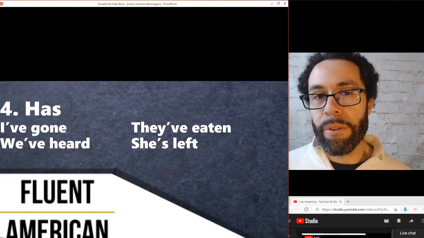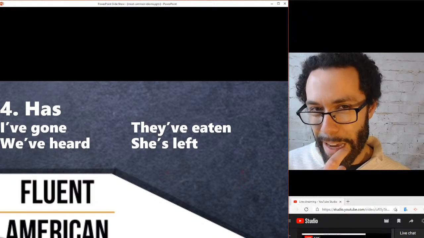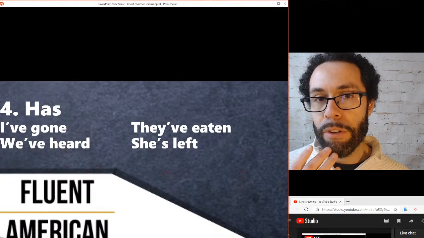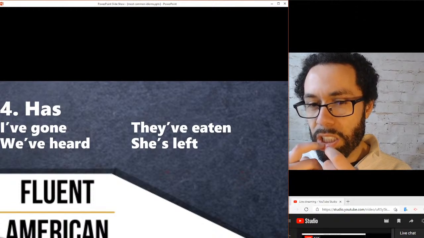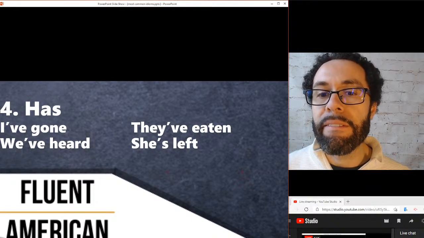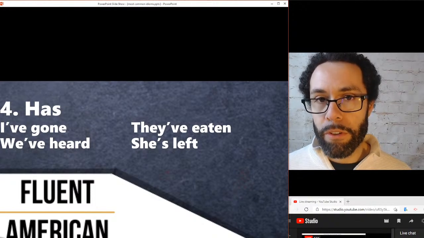See if you can feel that. And again, when you're making that contact for that V sound, just make sure your top tooth right here is making contact with the inside of your lower lip. So you want contact like right here. That's where you want your contact with your lip. So that first one again, I've gone. Stressing gone. I've gone.